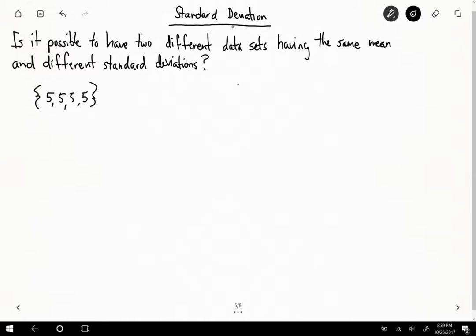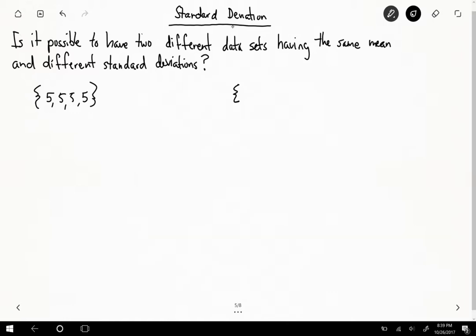Now on our next distribution, well, 5's the center. Actually, let's do something slightly different. Notice if we're having only 4 terms and we want the mean to be 5, I need the sum to be 20.